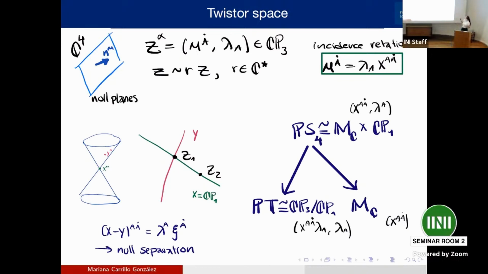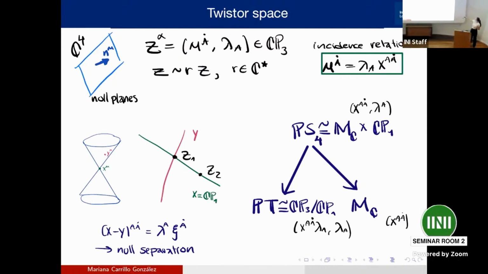Okay, so now that you have this relation, it is interesting to understand that twistor space is telling you something about the conformal structure of your space, given by the holomorphic structures that you find in twistor space. Now, the more formal way of introducing twistor space is actually through a twistor correspondence.